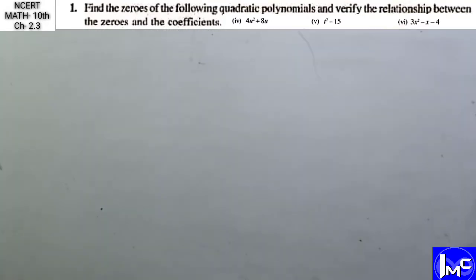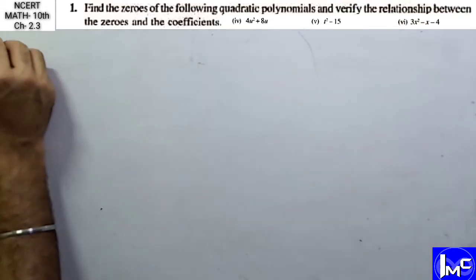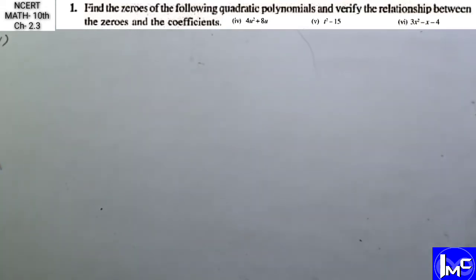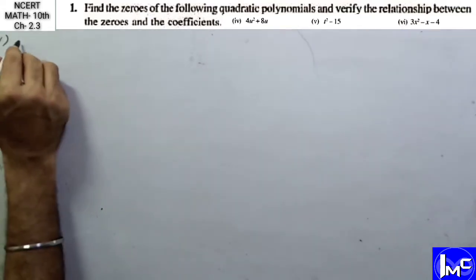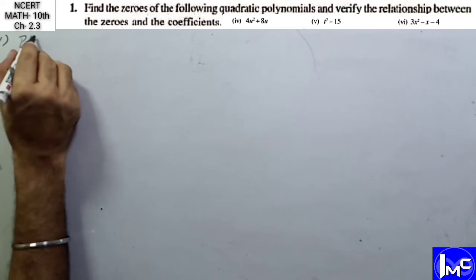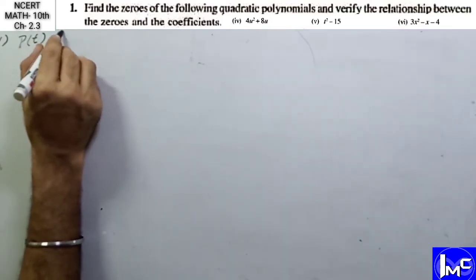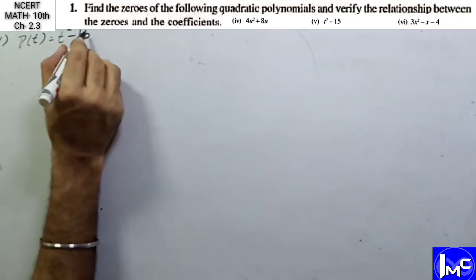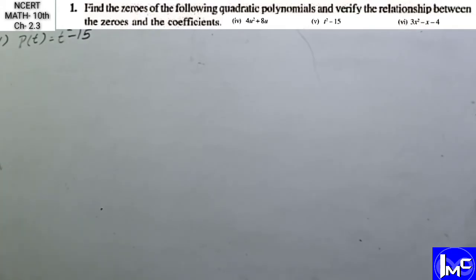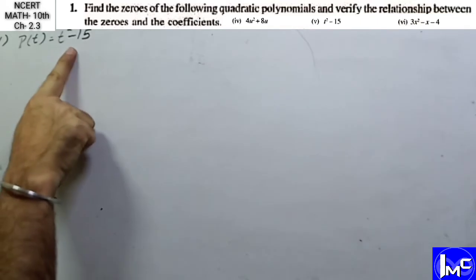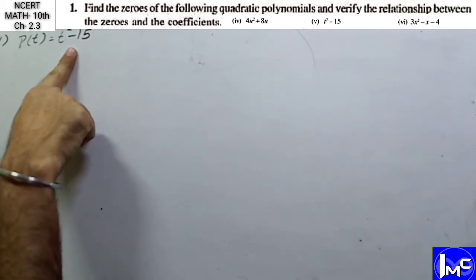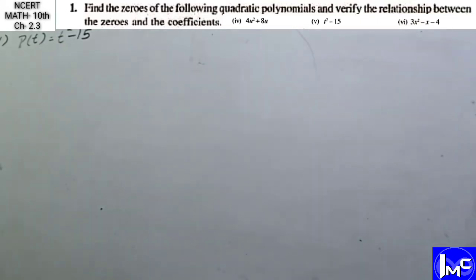Next question is question number 5, that is p(t) is equal to t square minus 15. It is also a quadratic polynomial, but it has no middle term, or the term containing t. It can be factorized in different ways.